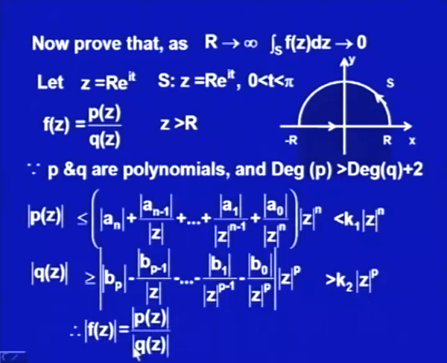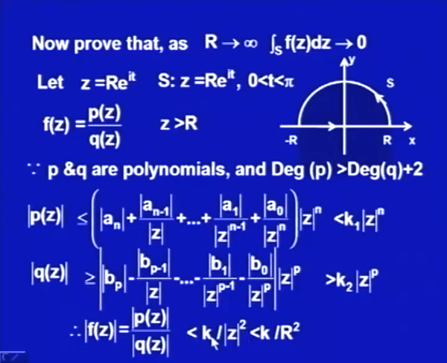That says I could write 1 upon |q(z)| is less than or equal to 1 upon k2 times |z|^p. So, k1 upon k2, let us say some other constant k, upon |z|^2, because the difference between p and n is at least 2. So it has to be greater than or equal to 2.